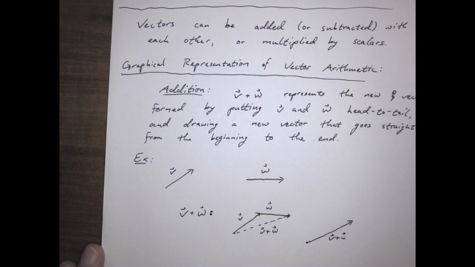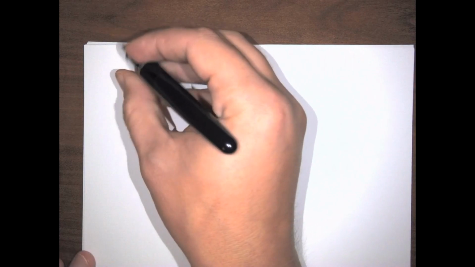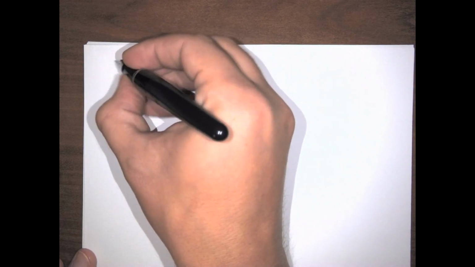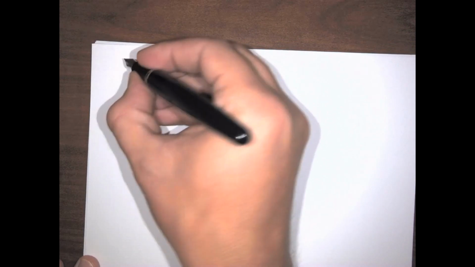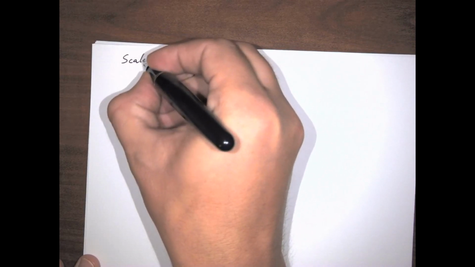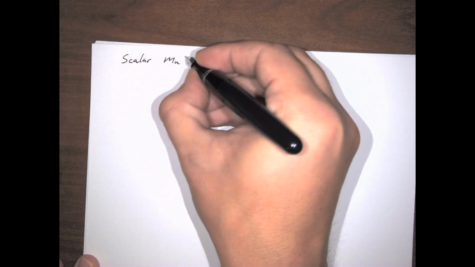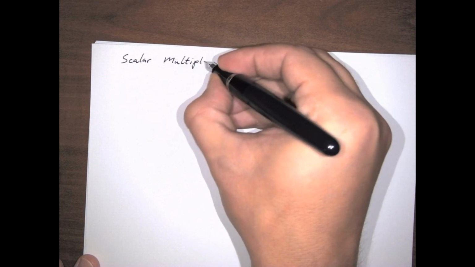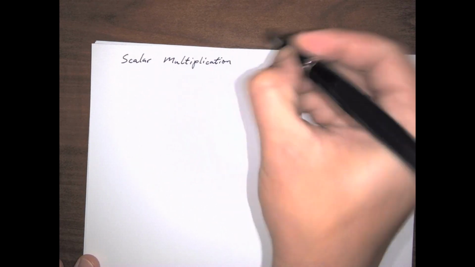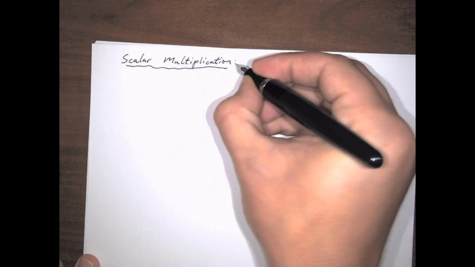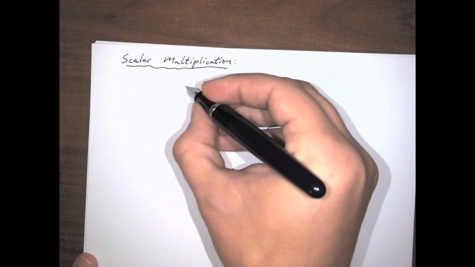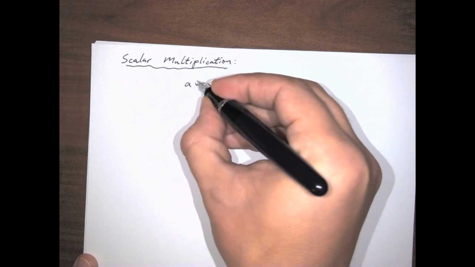Now, scalar multiplication is accomplished by just essentially scaling the vector by whatever the corresponding number is. That's why it's called a scalar. So scalar multiplication, if we have a times v, notice a does not have the little vector indicator on it.